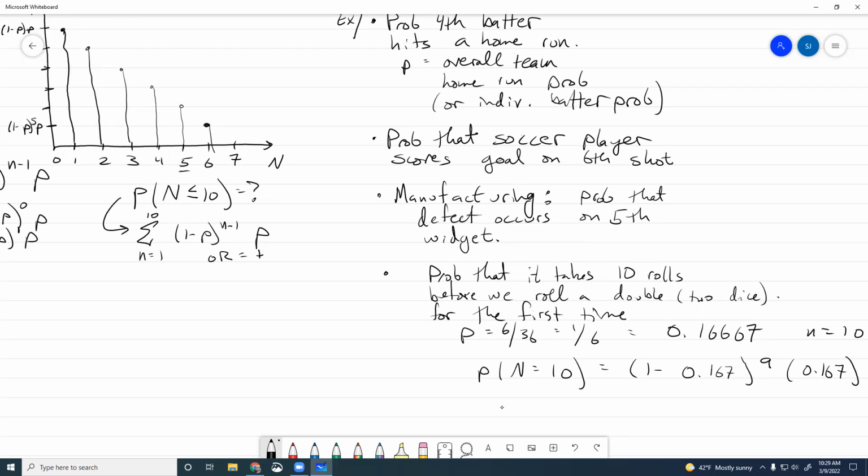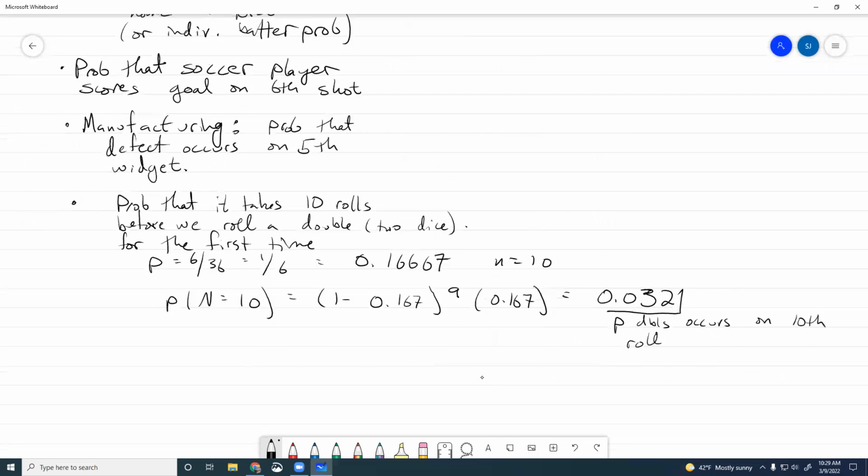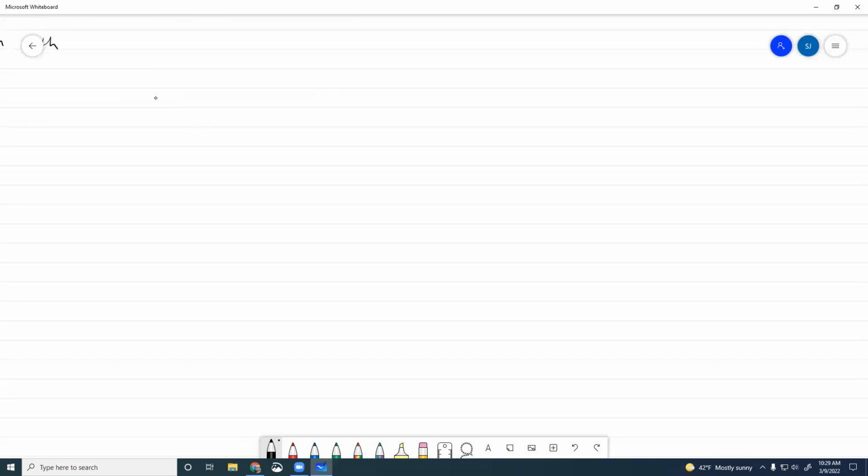Okay, let's talk about a way to interpret this from a risk standpoint. We're going to define a new term called the recurrence interval.